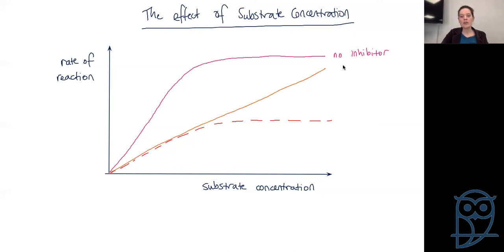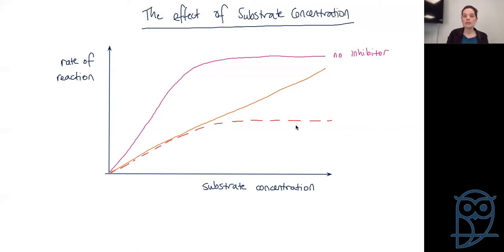So these in orange and red, these are our 2 options, competitive and non-competitive. And figuring out which one is which, we've got to think, okay, so if we have an effect that is changing with substrate concentration, like our orange one, or an effect that is not, gets to a point where there is no effect, what's the difference?